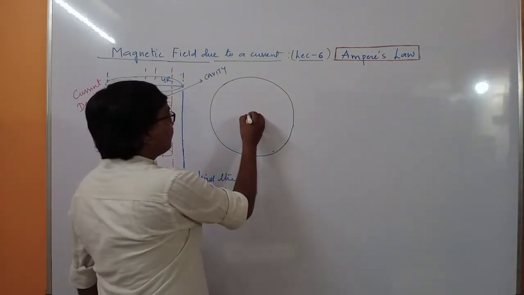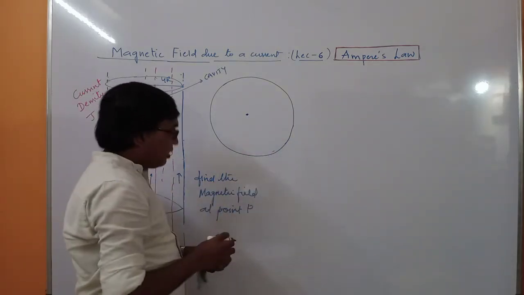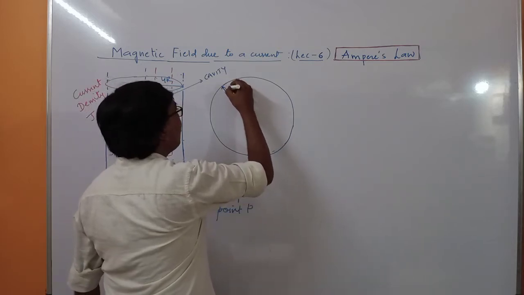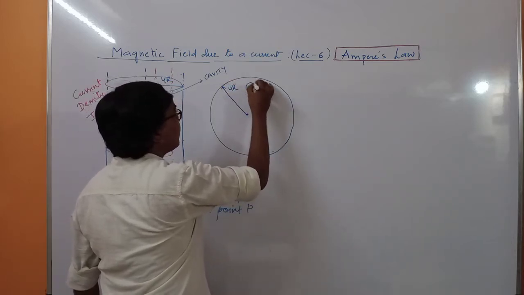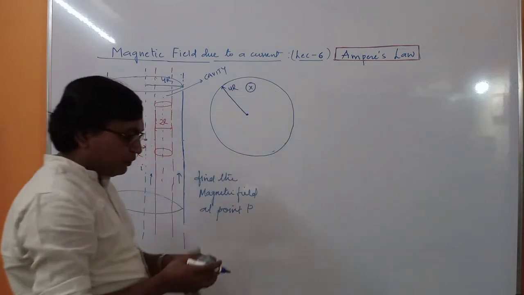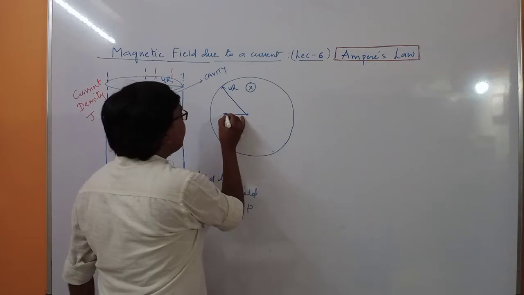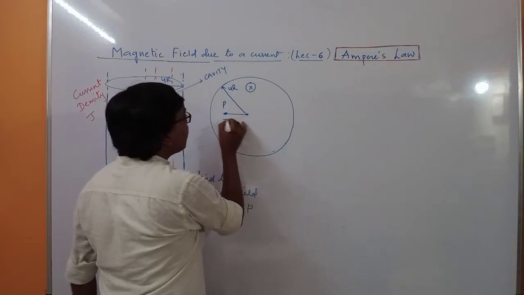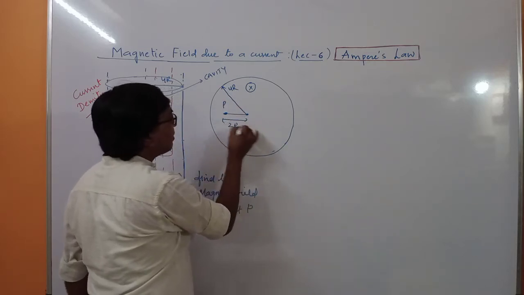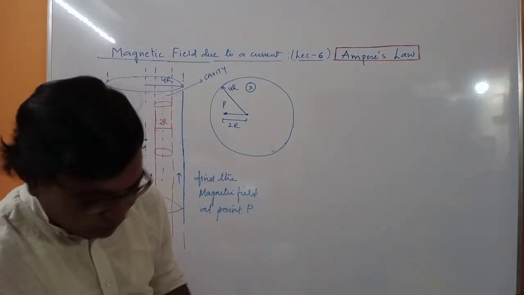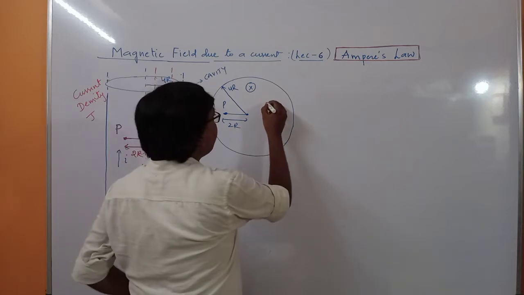So now again, this is the center and this radius is 4r, current is inside. We are finding the magnetic field at this point P, which is at a distance of 2r, and we have a cavity here.